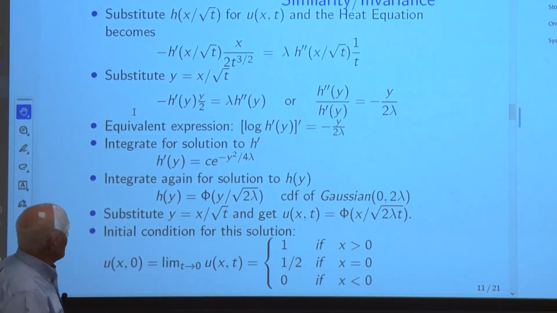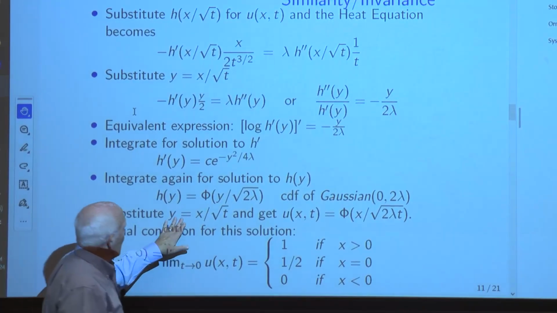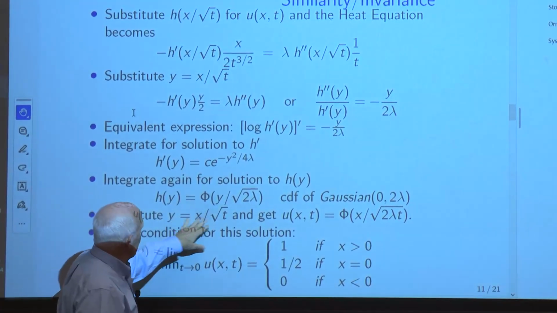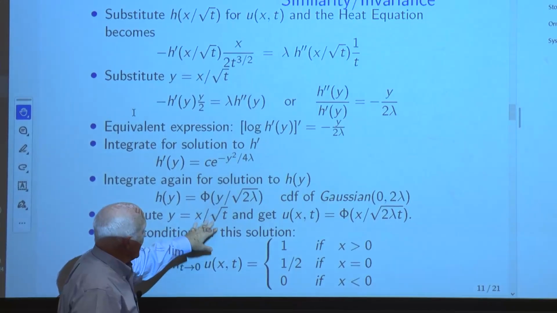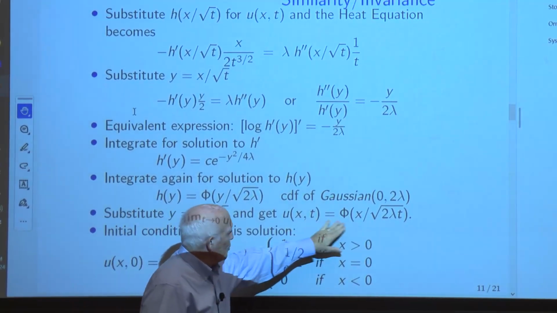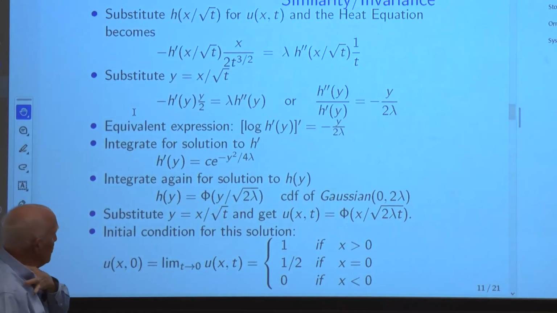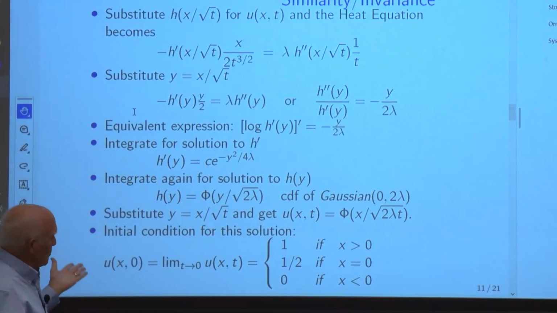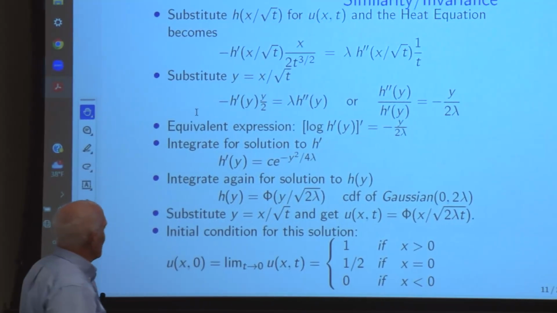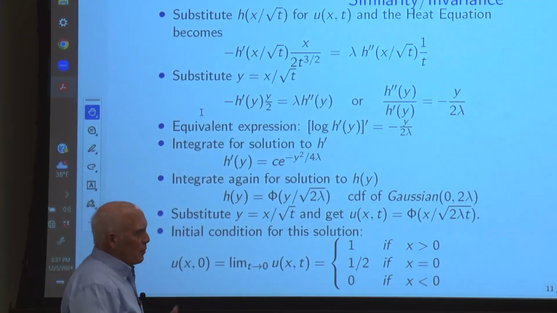So with this, we can substitute in our value for y back in terms of x, and we get this formula here for what the u function is.